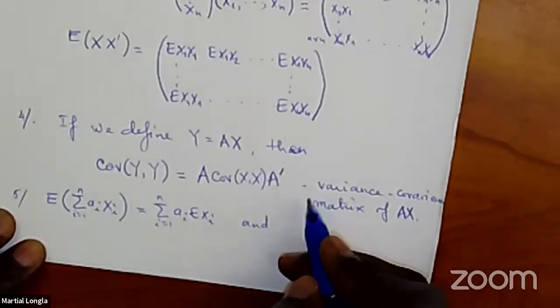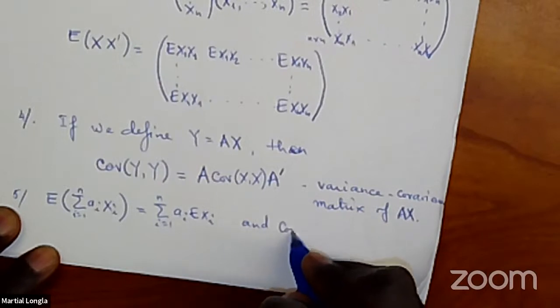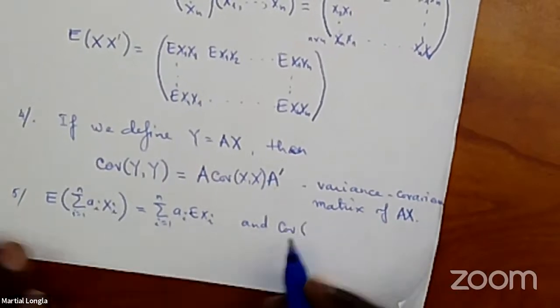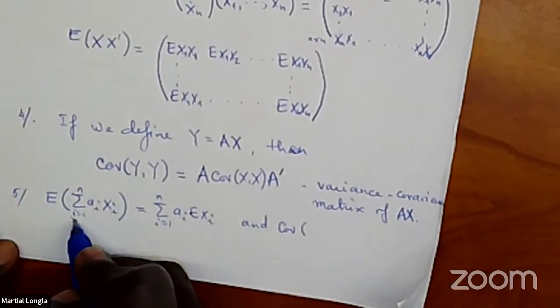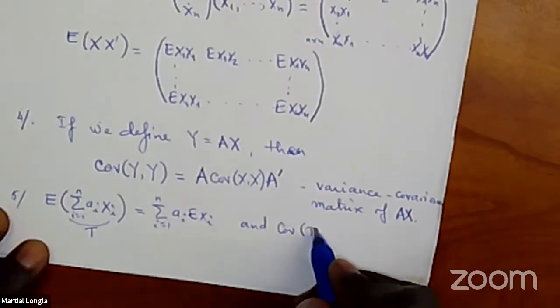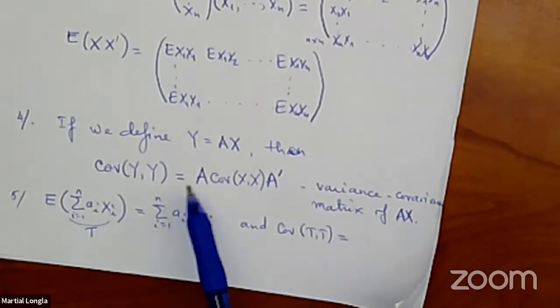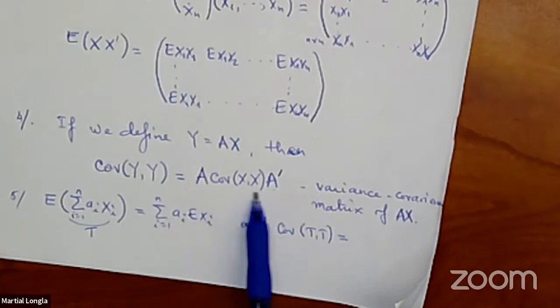And we will look for the variance, covariance. Let's say I call this thing T. If I call that thing T, so the variance of T will be what? If I want to use this formula here, what do I get?